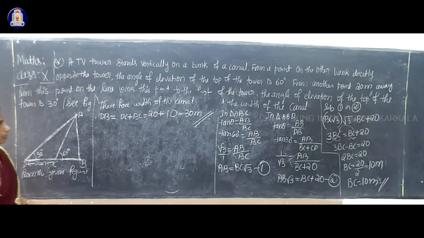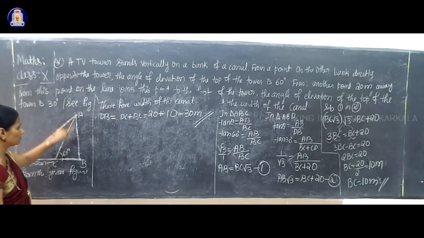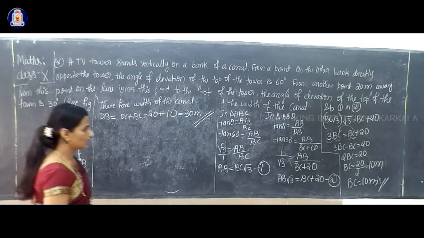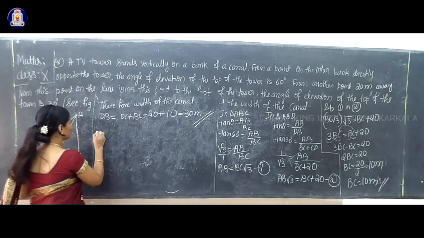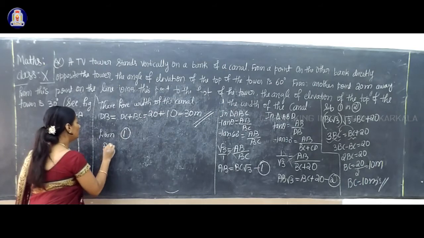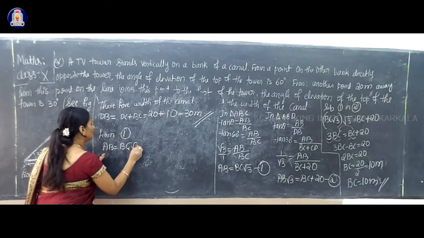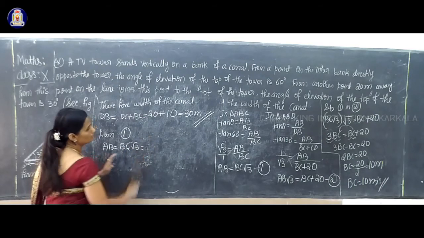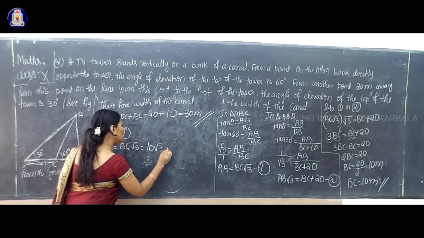Now next, one more question. What is the height of the TV tower? Height of the tower means AB. So how to get AB? From equation number 1, AB is equal to BC root 3. BC is 10, so AB is 10 root 3 meter.